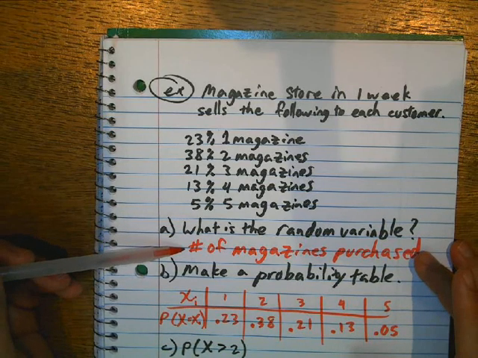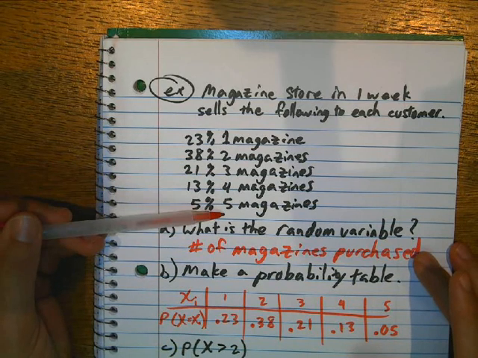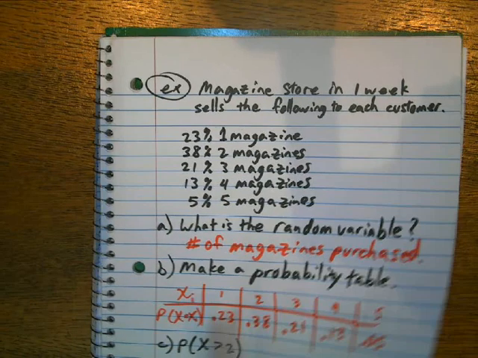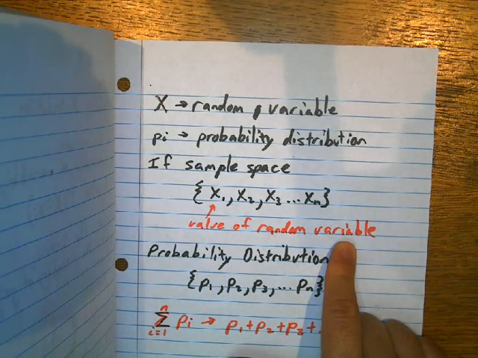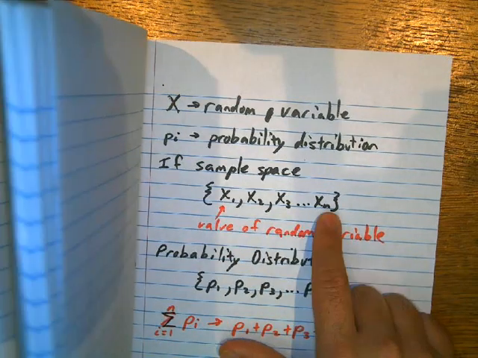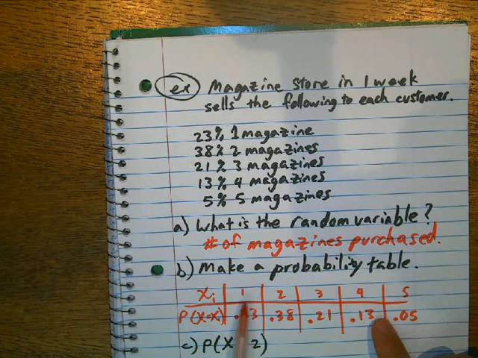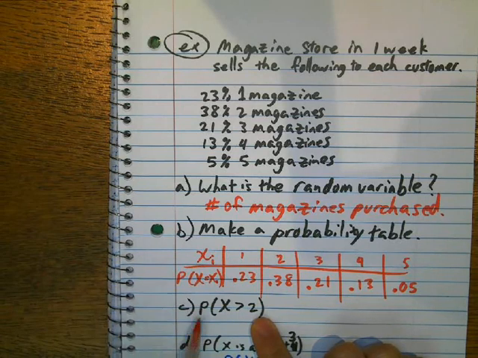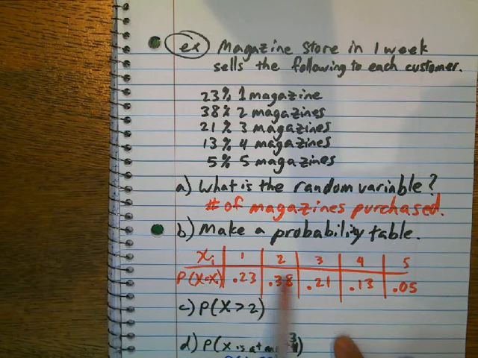The random variable is the number of magazines that are purchased. You've either purchased 1, 2, 3, 4, or 5. Nobody has bought 1.5 magazines. That would make absolutely no sense. So the random variables are always going to be integers. Now, what is the probability of each of these?